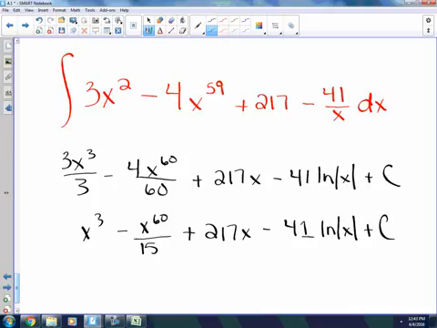And if you're not sure, take your final answer and derive it. See if you get back to the question.